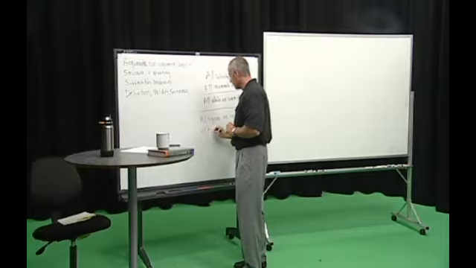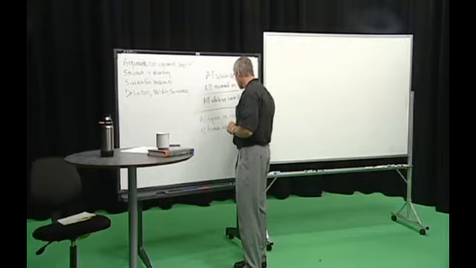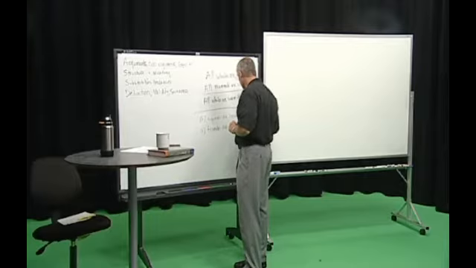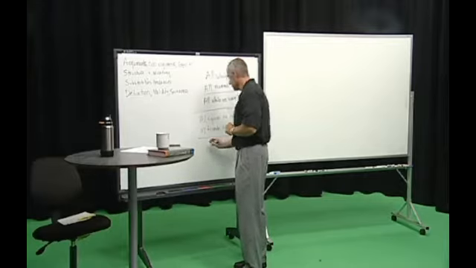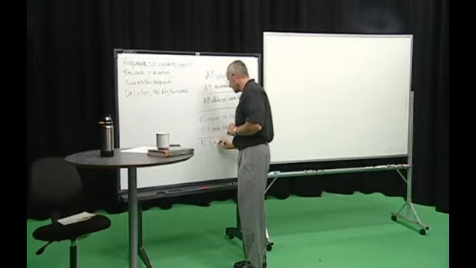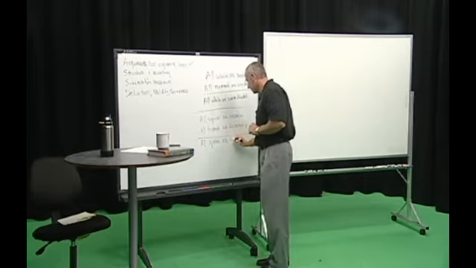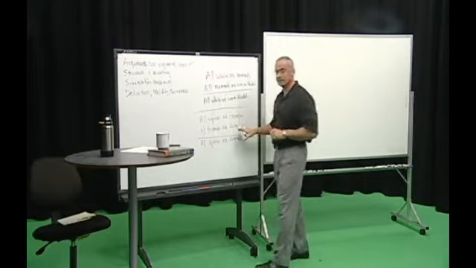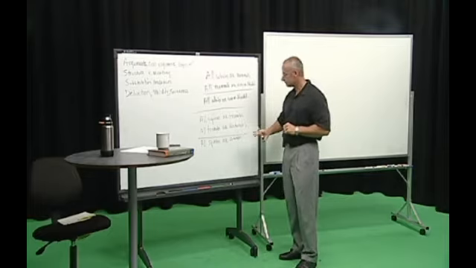All triangles are rectangles. So, all squares are rectangles. This says rectangles if you can't read it.